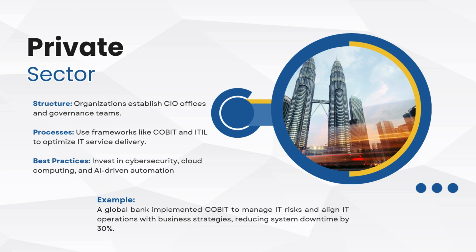Companies establish CIO office and governance teams. Processes. Use COBIT and ITIL for IT service management. Best practices. Invest in cybersecurity, cloud computing, and AI automation. Example, a global bank reduced IT downtime by 30% by implementing COBIT for governance.